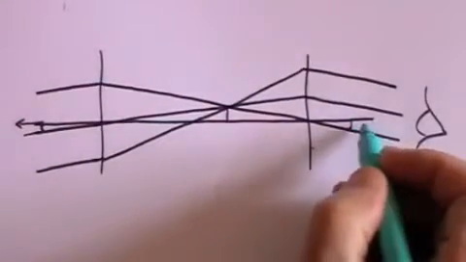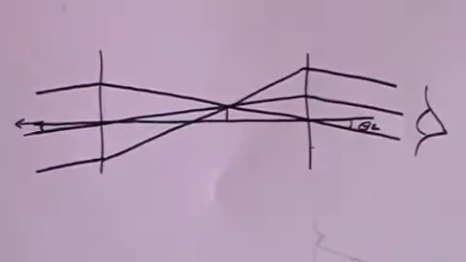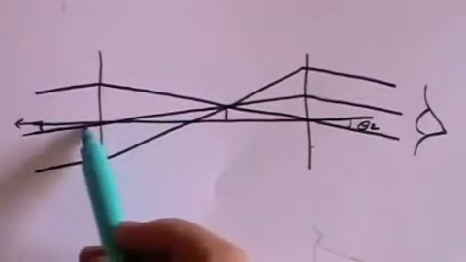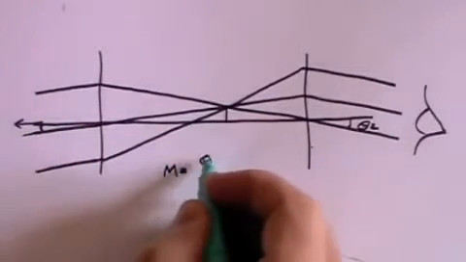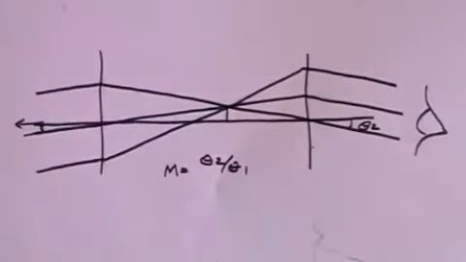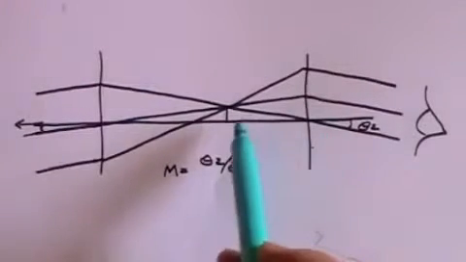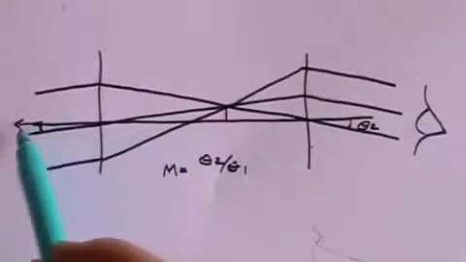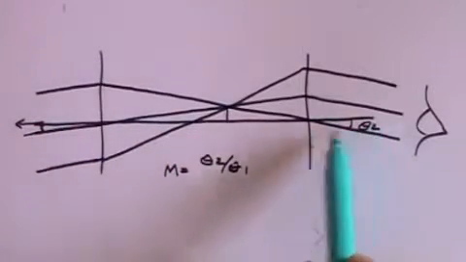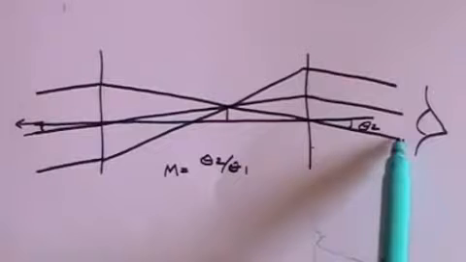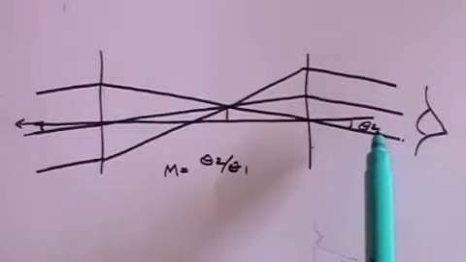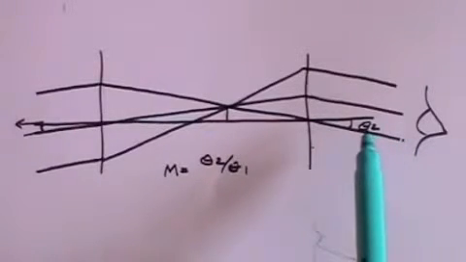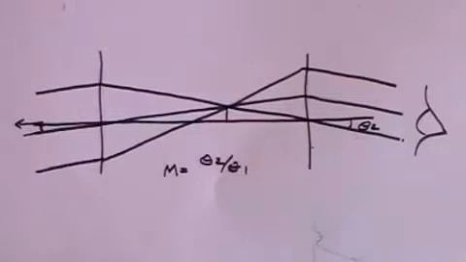Well, look at this angle here. This angle is theta 2, and that angle is much greater than this angle, which is theta 1. And remember that the magnification is theta 2 over theta 1. So what is actually happening is that the angle between the centre of the moon and the bottom or the top, as the case may be, has changed and has increased, and so the angular width of the moon is greater, and that means that the moon has been magnified.